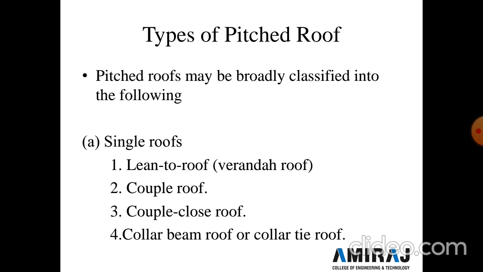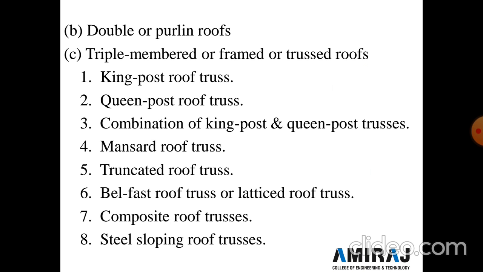And the triple member or frame truss roof is divided into eight parts. First is a king post truss roof, and second is a queen post roof truss. Third is a combination of king post and queen post truss, and fourth is a mansard roof truss.